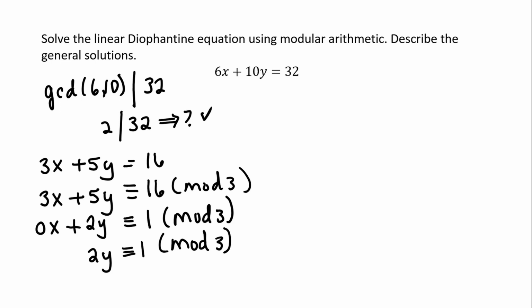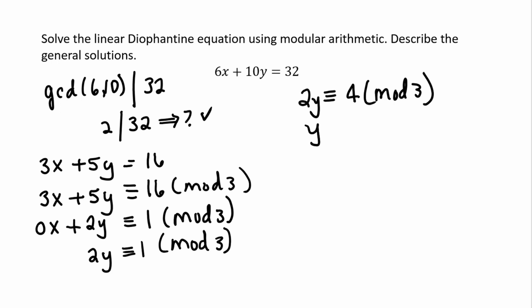So if we take that remainder and we were to add the 3 to the number on the right-hand side, could we get a multiple that is divisible by 2? And the answer is yes. If we add 3, we can write 2y is congruent to 1 plus 3, which is 4, mod 3. The remainder remains the same, right? Because we're just adding that remainder.